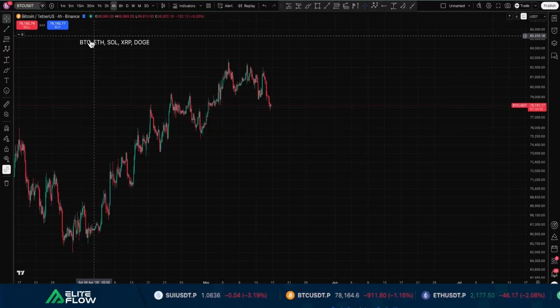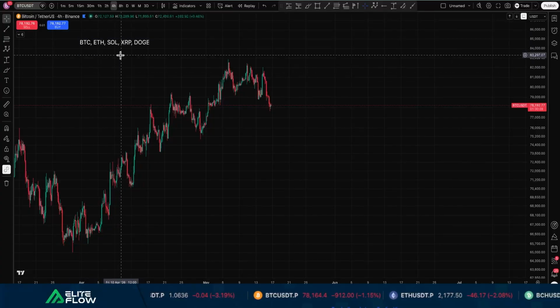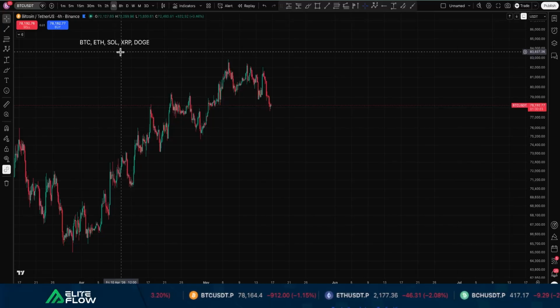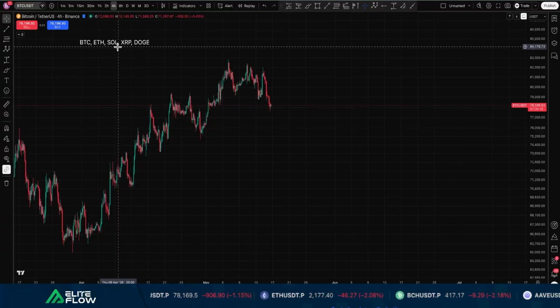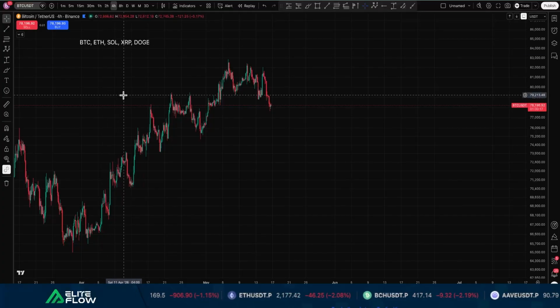Because my analysis and my indicators are going to be a lot more relevant on these, I'm going to be putting in more money. I feel more safe. The other coins, for the reasons I've just given you, I don't put as much money in, because there's higher reward, yes, but there's higher risk. The number one goal in trading is not to make millions, it's to not lose money. That's the biggest goal in trading, to preserve your capital.